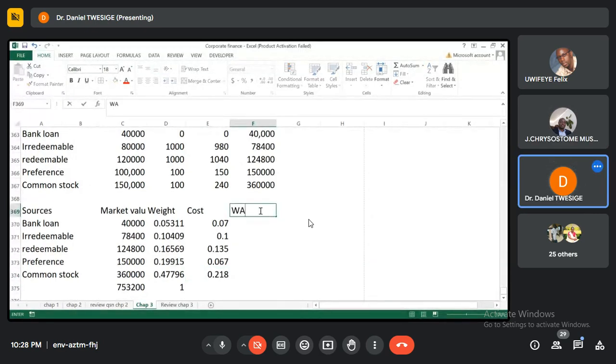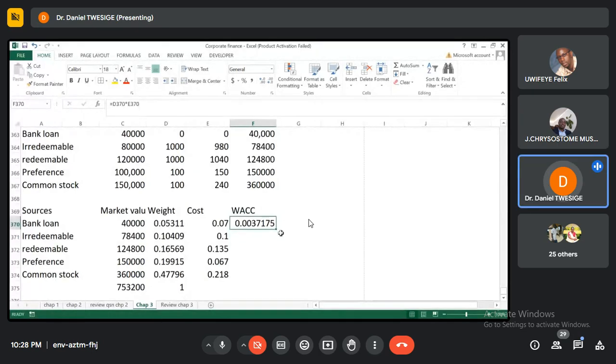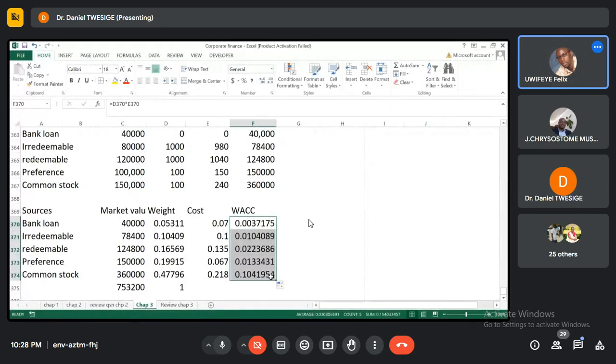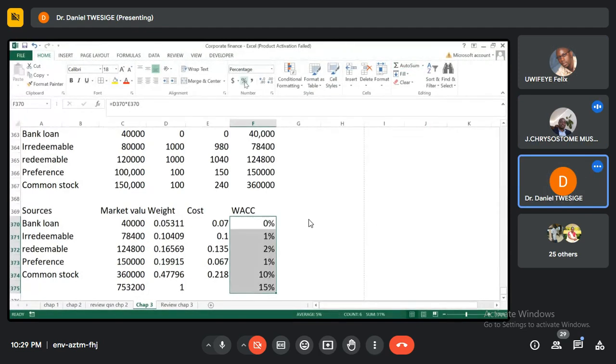Now I can compute your WACC. I will just get the weight times the cost. Weight times the cost. So I can now add to get my WACC.